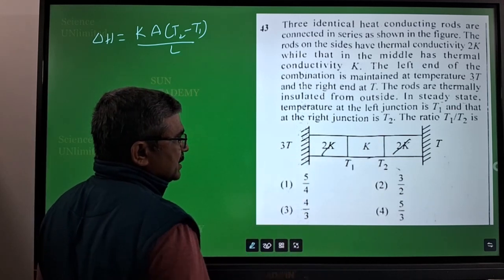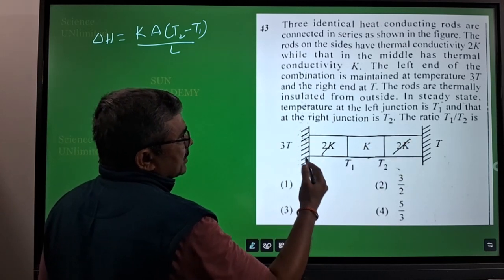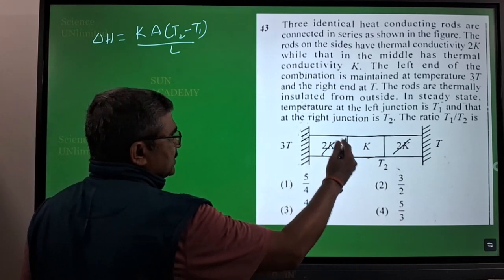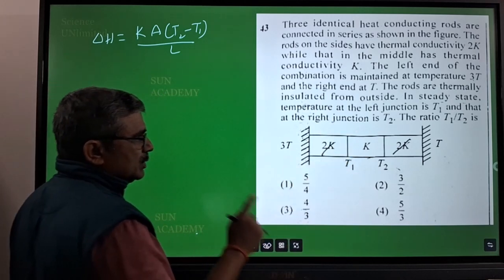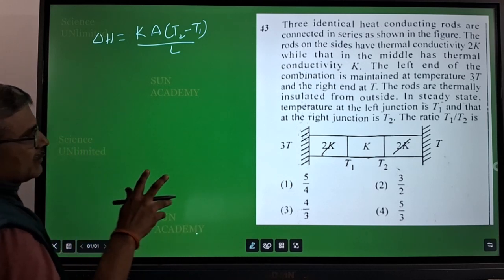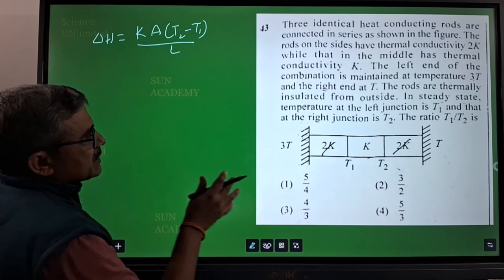Because all three are identical in shape, we can take the same length and same cross-sectional area; the only difference is the conductivity. Now using this formula, we can find the heat transferred to reach the steady state.